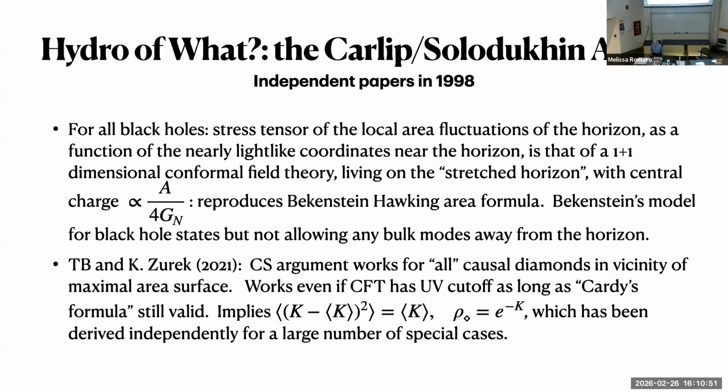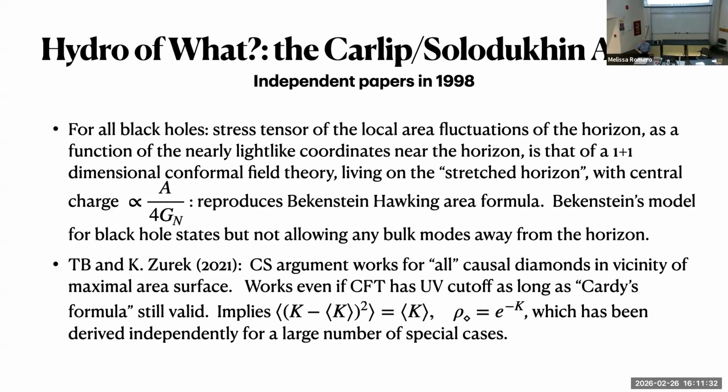So what they did was they said, let's think about the black hole, and let's let the area on the horizon fluctuate, but locally, by a different amount at different positions in angle on the horizon. And let's consider that fluctuation to be a function along the null coordinates z and t that are going along the horizon direction.